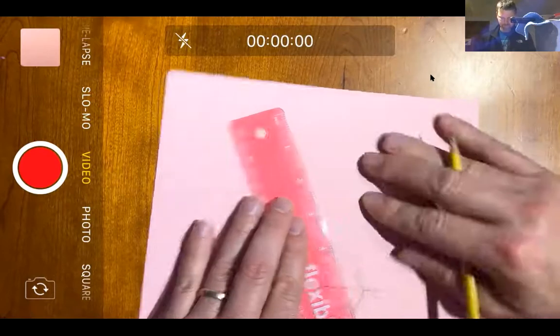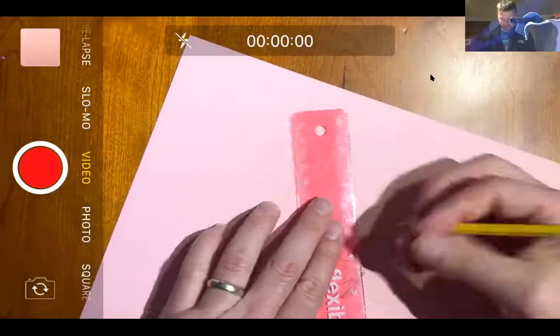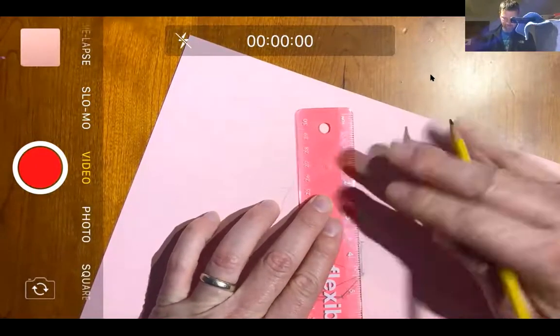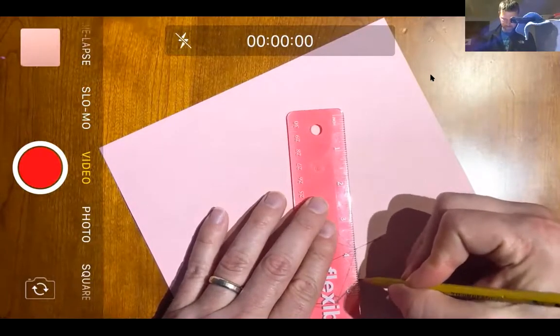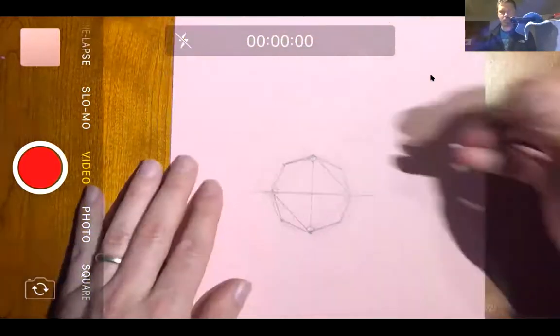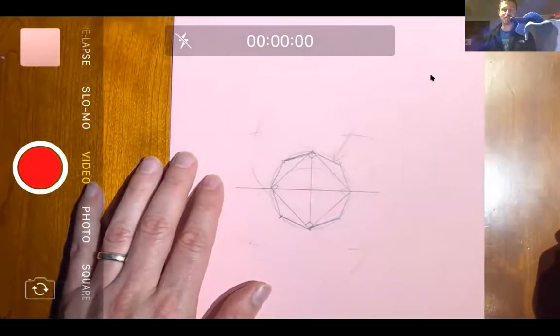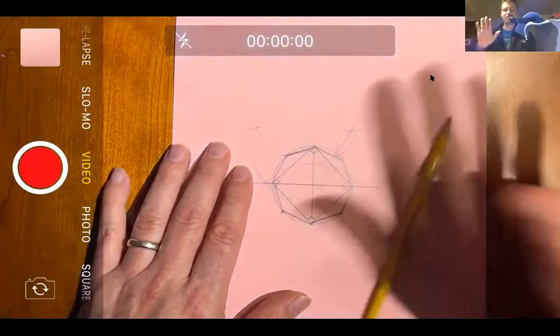Halfway point. Back to the vertex. Halfway point. Back to the vertex. There is a regular octagon. That's it. End of the video. See you guys later.